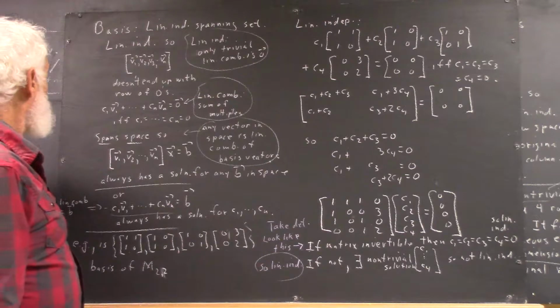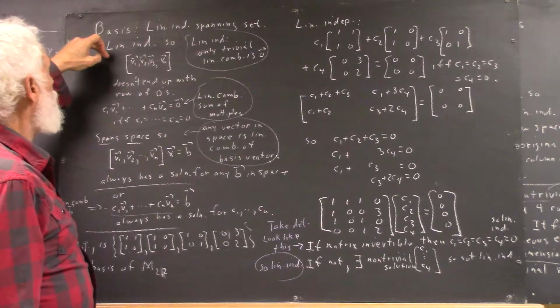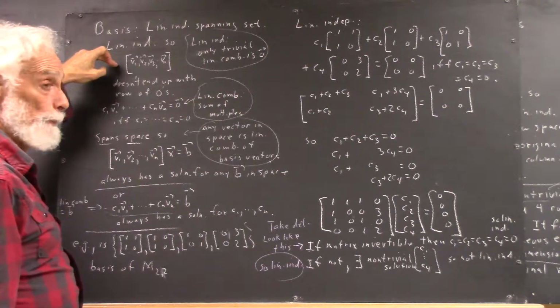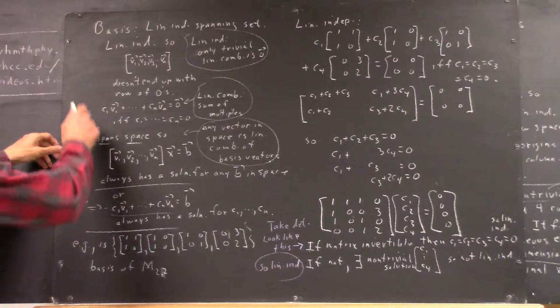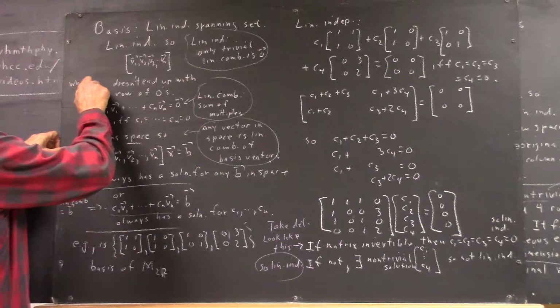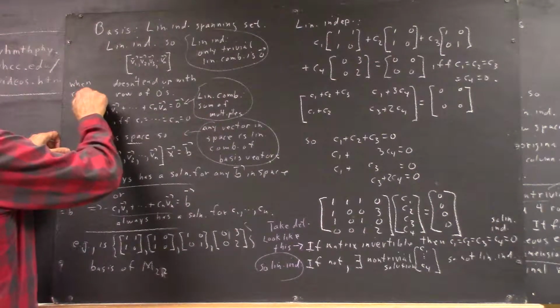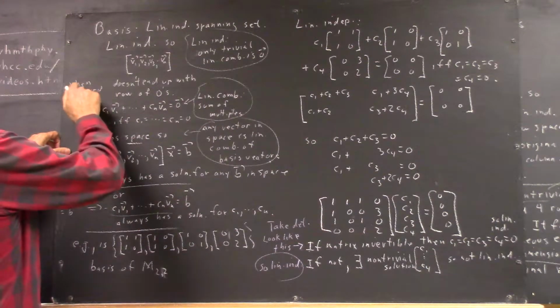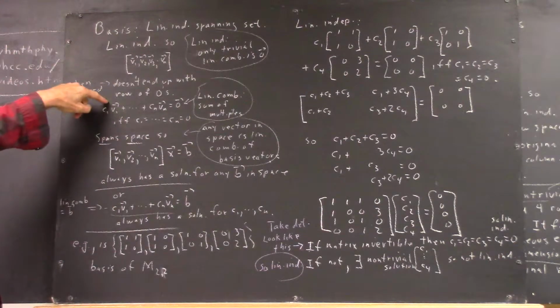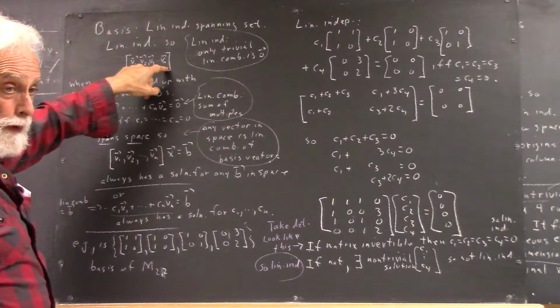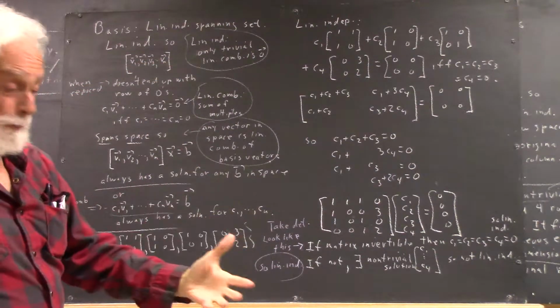So, if the set is linearly independent, what happens is when you reduce this matrix, it doesn't end up with a row of zeros. So I could say, when reduced, this matrix doesn't end up with a row of zeros. Now that applies if V1 through Vn are, say, vectors in Rn.